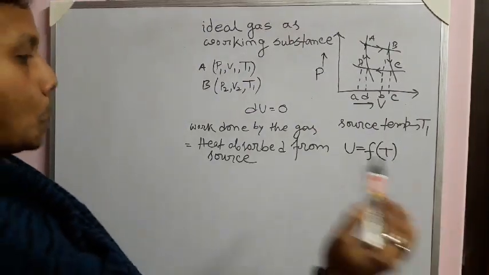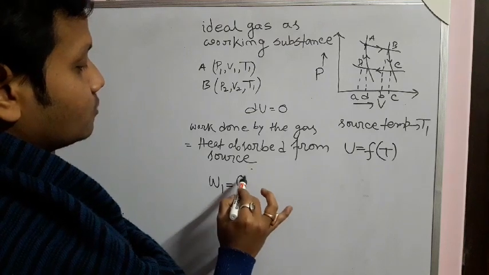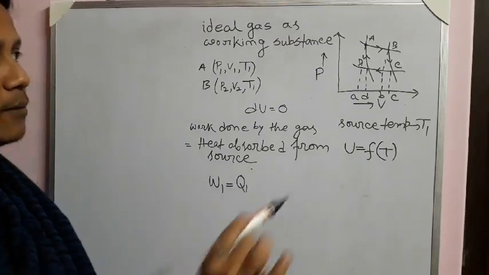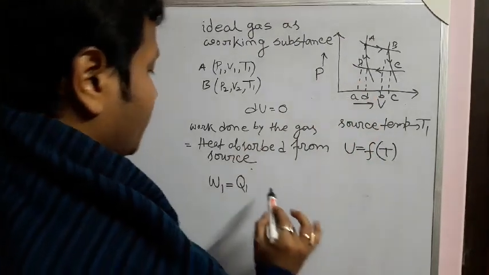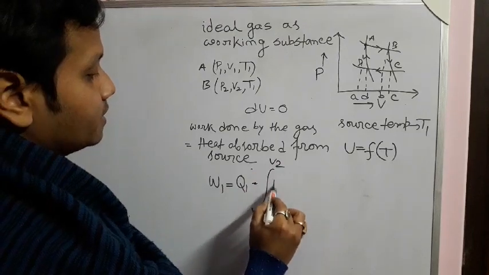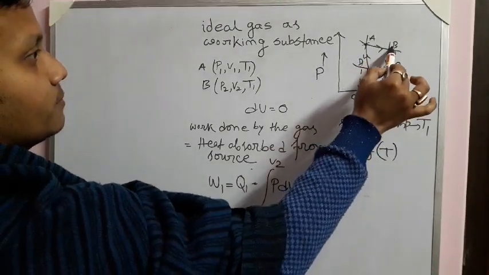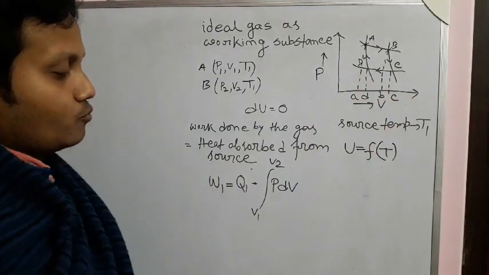So if W1 is the work done by the gas, then this must be equal to Q1, where Q1 is the amount of heat absorbed from the source, and that we can write as the integration from V1 to V2 of PdV. The initial volume is V1 and at point B the volume is V2.